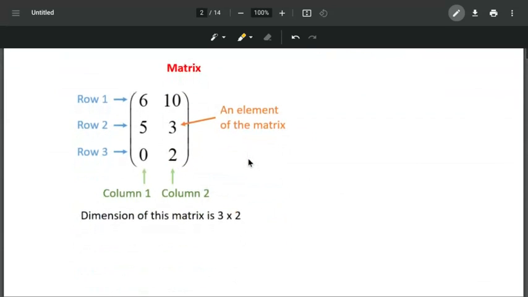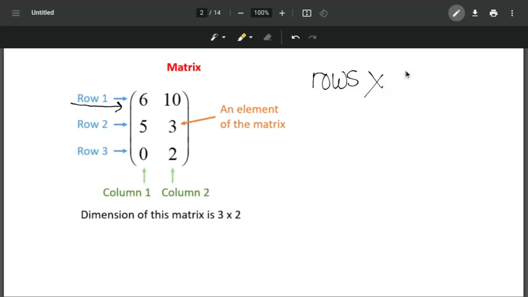So what exactly is a matrix? A matrix is a rectangular array of numbers, and the numbers are arranged in rows. So rows move horizontally, and then columns move vertically. The way that we name this matrix is we name it by the number of rows by the number of columns.